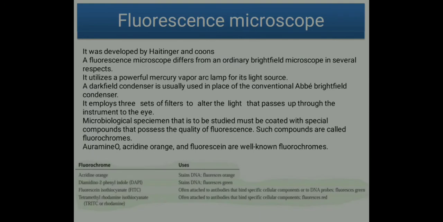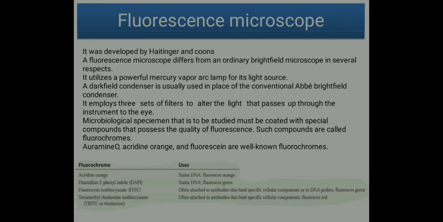Next we have fluorescence microscopy. Fluorescence microscopy is different from the ordinary bright field microscopy in several aspects. It utilizes a powerful mercury vapor arc lamp for its light source. The dark field condenser is usually used in place of the conventional Abbe bright field condenser.